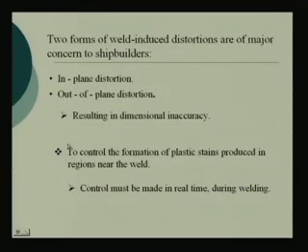We have already seen the types of distortion. Here we have grouped them into in plane and out of plane deformation. In plane deformations are essentially the shrinkages, as we said. Out of plane are the buckling and angular deformations. Rotational deformation is an in plane deformation, right?